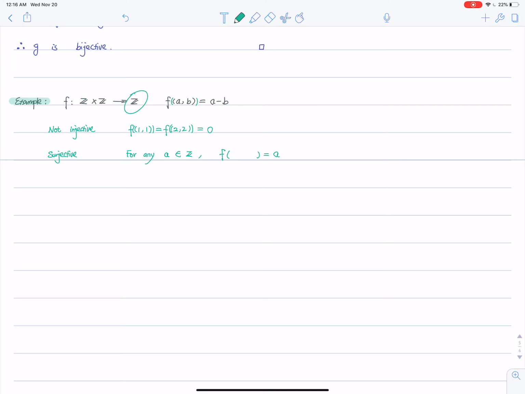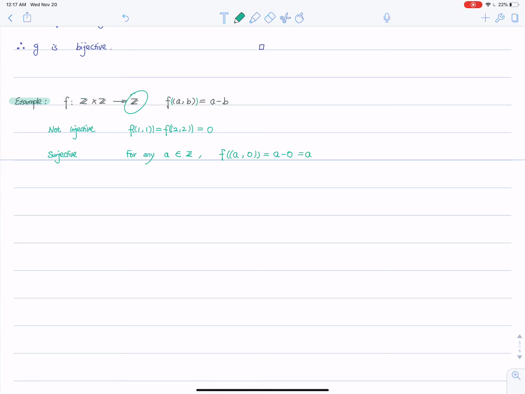We know that f of (a, b) equals a minus b, so we can fix your b to 0. So f of (a, 0) equals a minus 0, which is a.